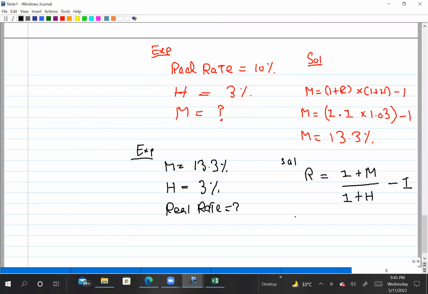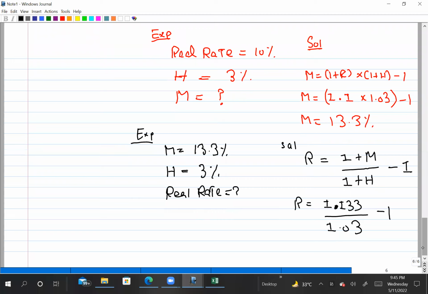So R will be 1.133, 1 plus 13.3%, divided by 1.03, minus 1, and you will get R equal to 10%. You get it?